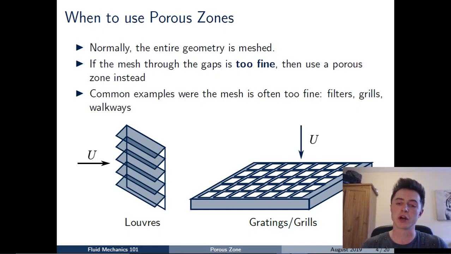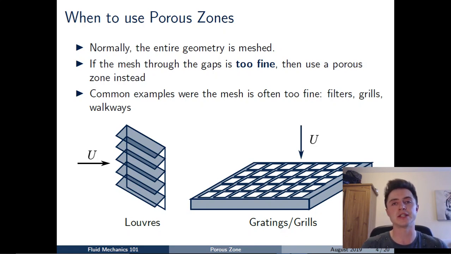Now, for some of these applications, like a very fine grating or a very fine grill, the mesh you would generate would be extremely fine and in some cases would be poor quality or drive the cell count too high.